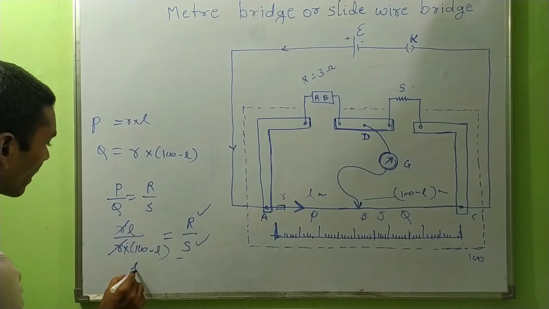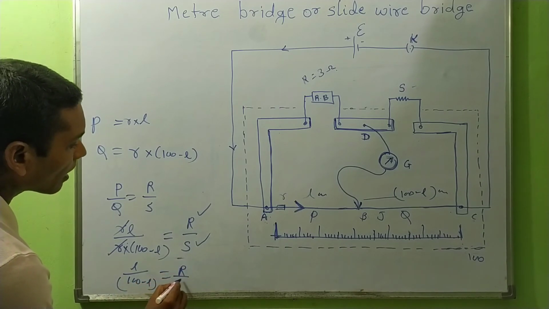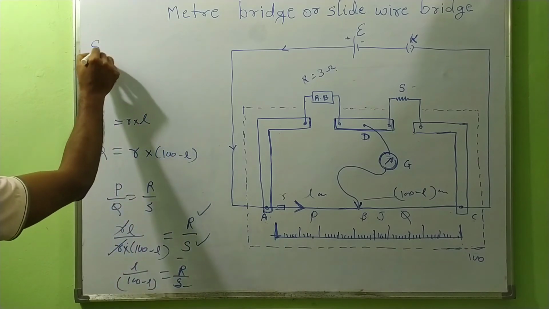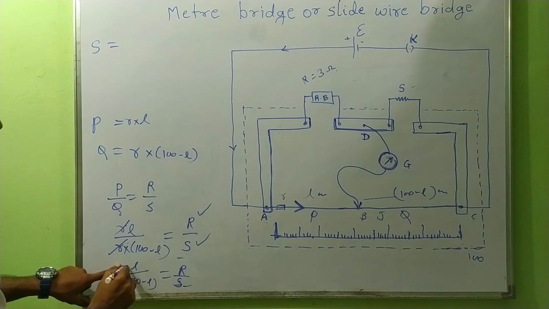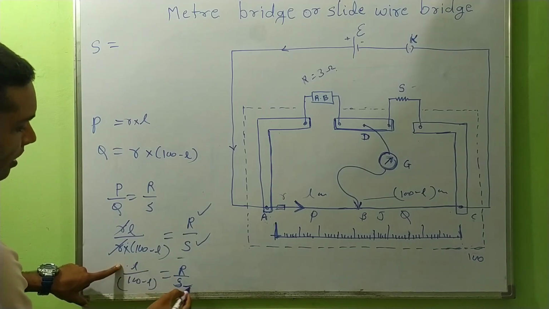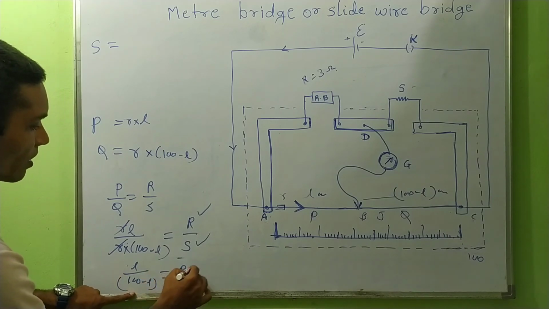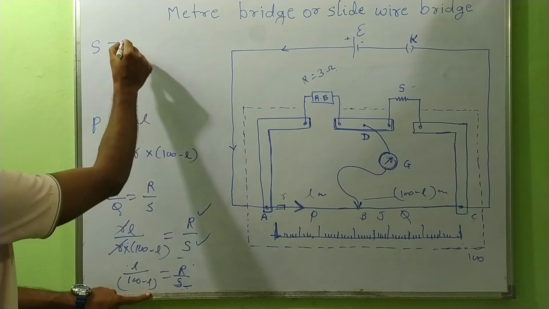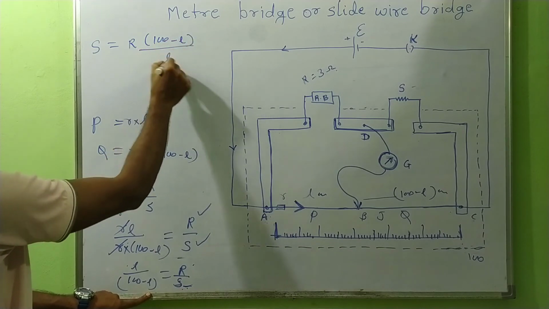Then L upon 100 minus L equals R upon S. Or the value of the unknown resistance S, on transposing, will be R into 100 minus L upon L.